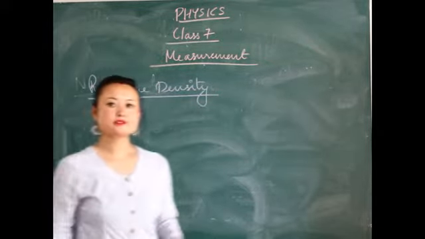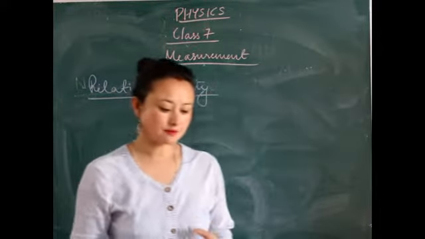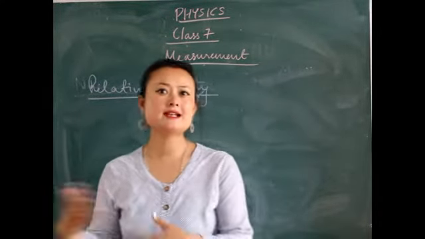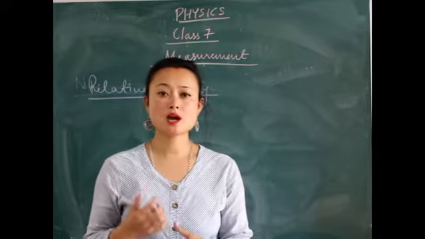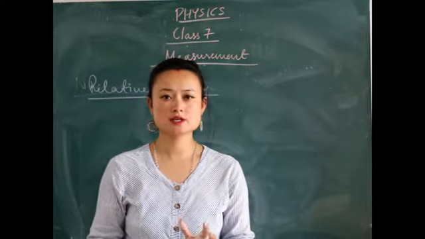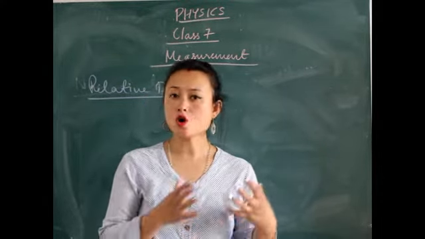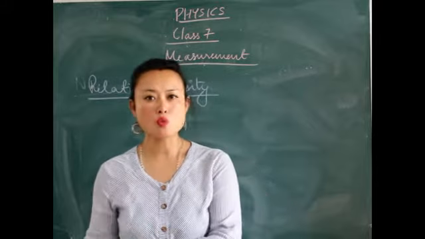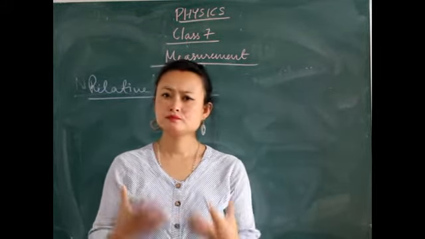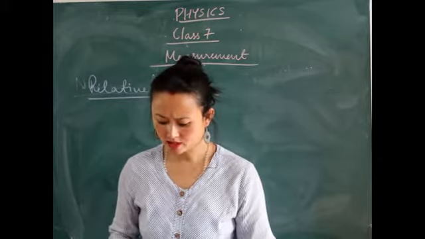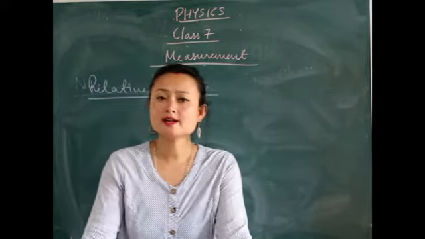So the word relative means something related to, isn't it? So when we talk about relative density also, we are relating the densities here. Okay, so we compare the density of a substance to the density of water, because the density of water is always fixed. So we compare it with the density of water, and not at any temperature.